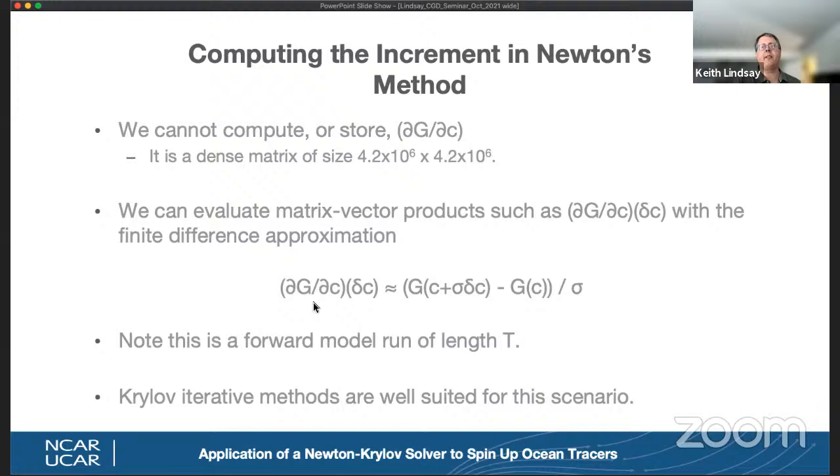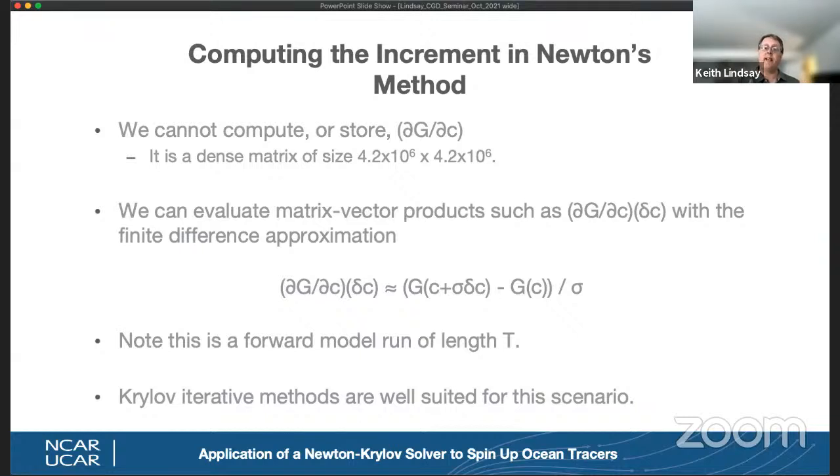I'll point out here that computing this matrix vector product involves computing this g term, the first term on the right-hand side, and evaluating that is a forward model run of length T. So every time we do iterations in these iterative methods where we need matrix vector multiplies, we need to do a model run of length T. And so that leads us to wanting T to be not too big, because otherwise every iteration would take longer.